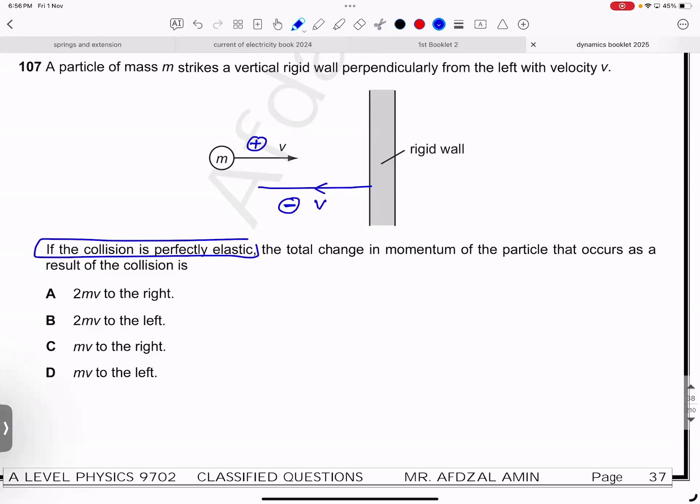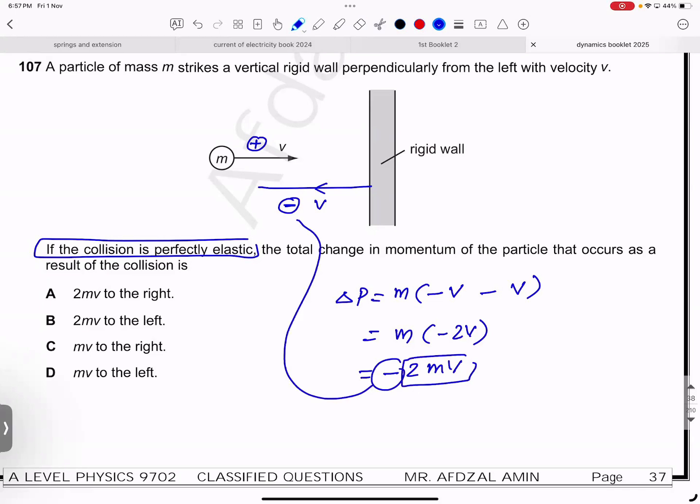So the change in momentum, my dear: M times final minus initial, M times negative 2V, which is negative 2MV. Now, MV is the answer. Negative tells you what? Left side.